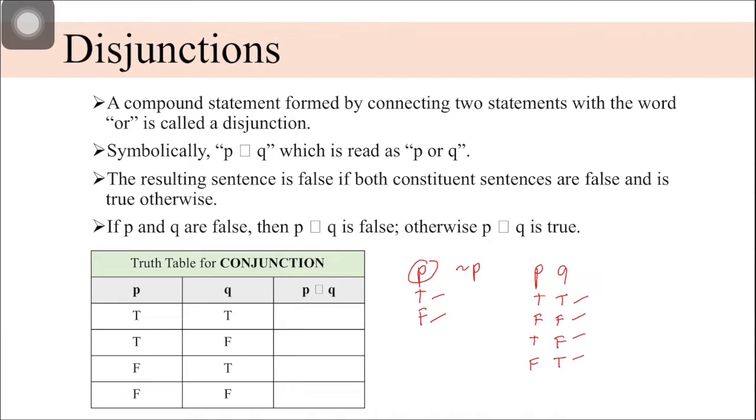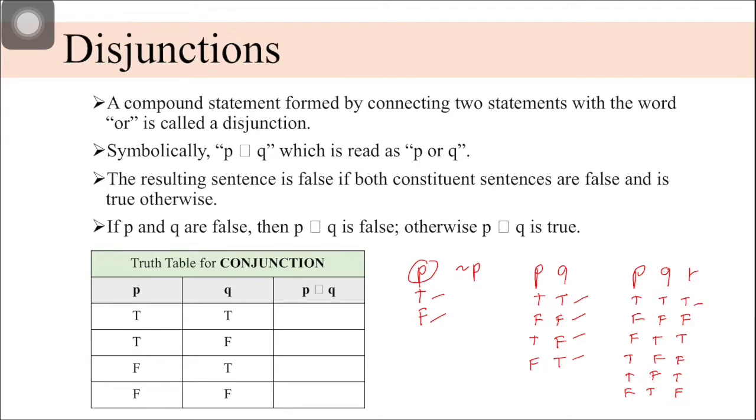So what if tulo ka statement? P, Q, and another statement R. So, pila ka buok form of statement ani? So, it could either be true silang tanan, or false silang tanan, or true, false, true, true, true, false, false, or true, false, true, or false, true, false.